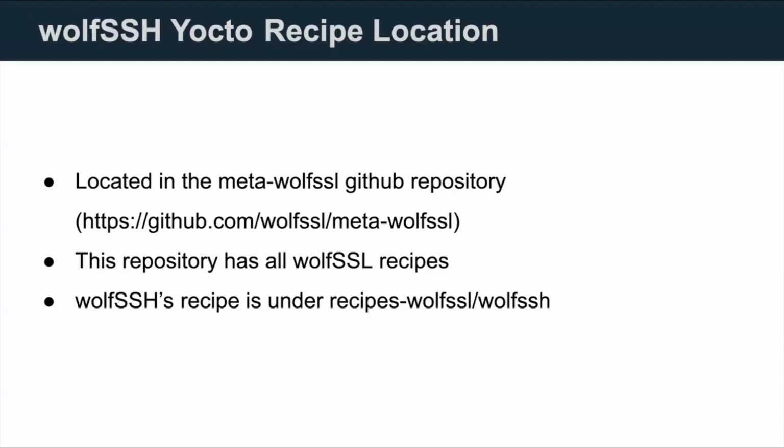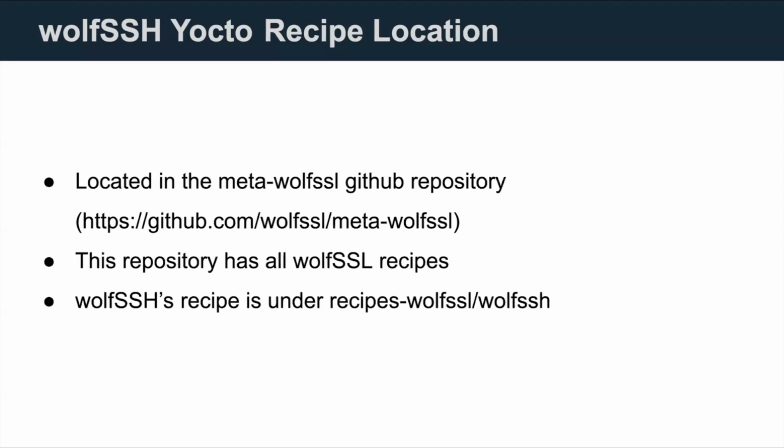So wolfSSH's Yocto recipe is located up on our meta-wolfSSL GitHub repository. That's the link here, github.com/wolfSSL/meta-wolfSSL. And this actually holds all of our Yocto recipes. There are some of the open source ports that we've done in other locations on that repository, and then there's the main wolfSSL.